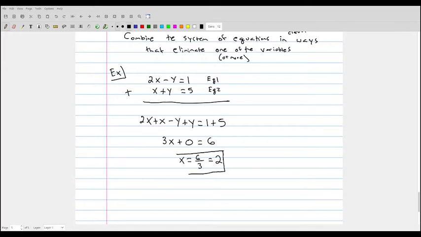So this is definitely quicker for this system than the substitution method was.